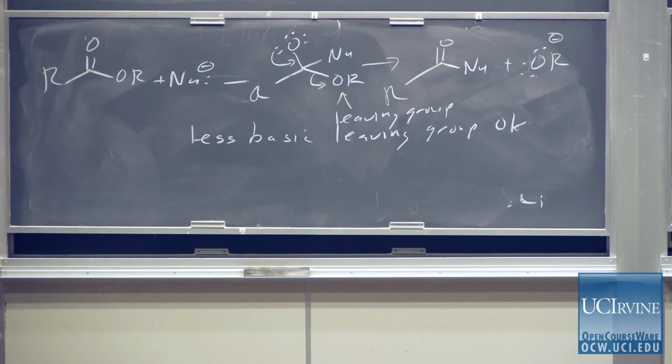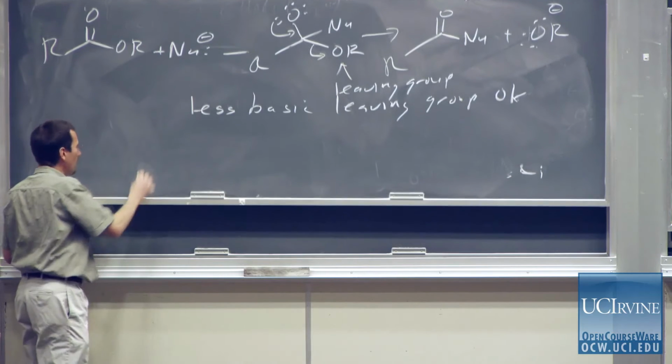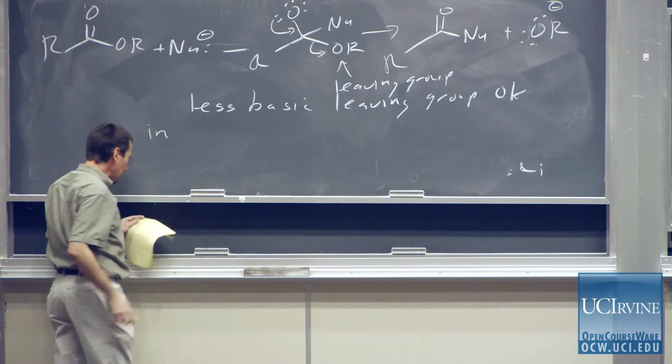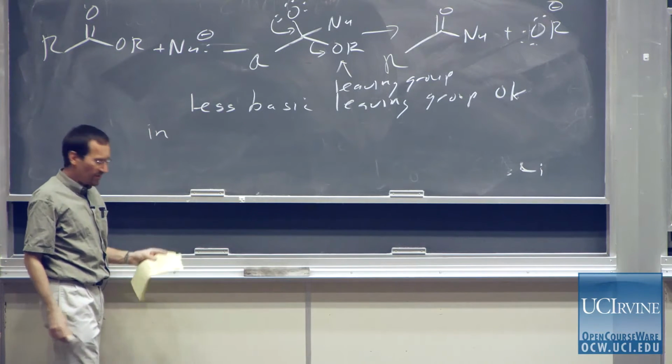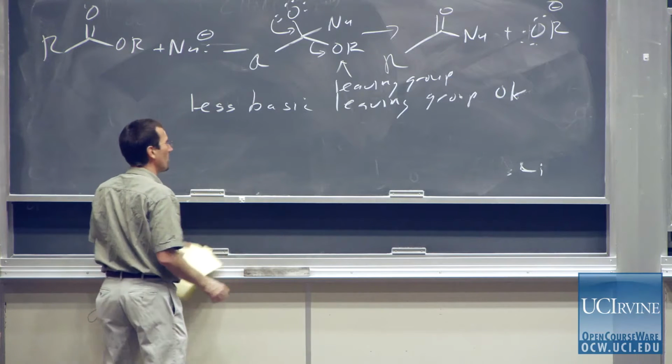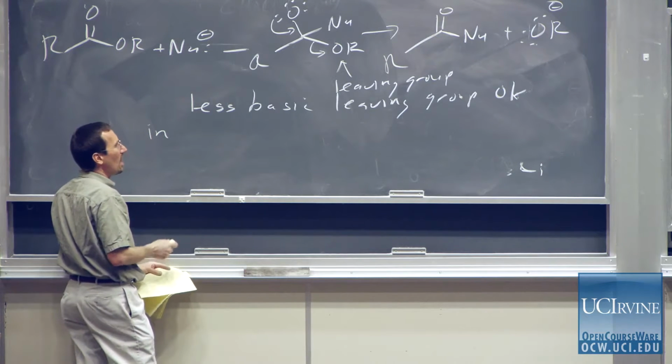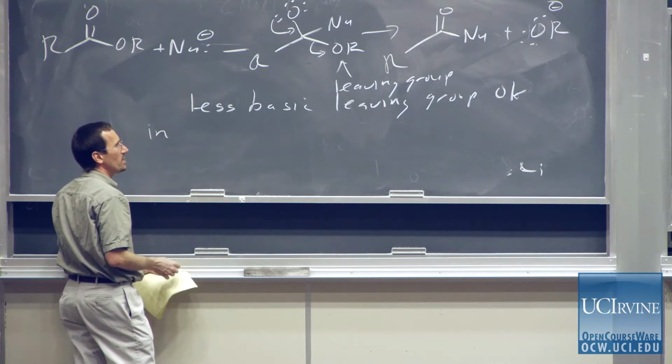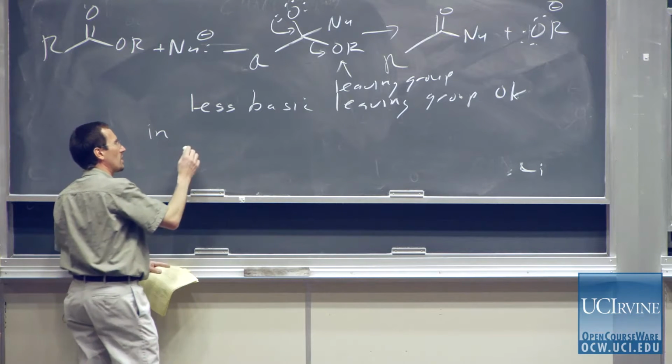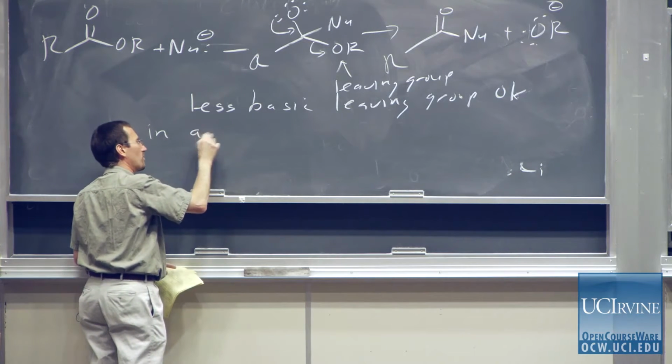But it's very good to go downhill and to break down and kick out the leaving group and get back your pi bond. So what I always like to think about here is in an SN2 displacement reaction, you've got to have a good leaving group. But in the case of this reaction, an addition-elimination reaction, a less basic leaving group is okay.